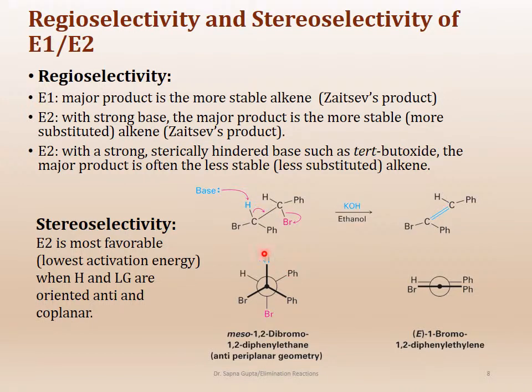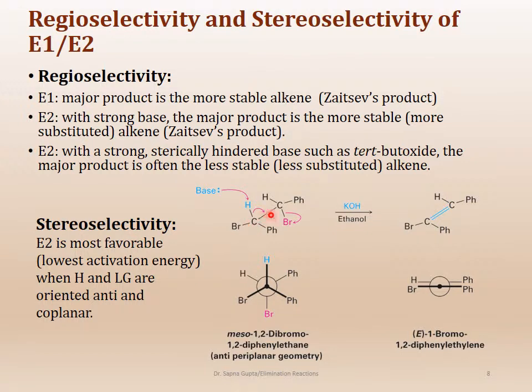The orientation is opposite to each other, which means that the dihedral angle between them should be 180, which means they should be anti to each other. If they're not anti to each other, then it's not a very good orientation and elimination does not occur. However, if they are in complete opposites to each other, like an anti-orientation, then elimination is very easy. And that is called stereoselectivity.